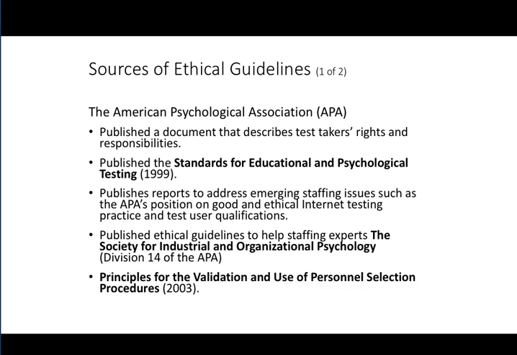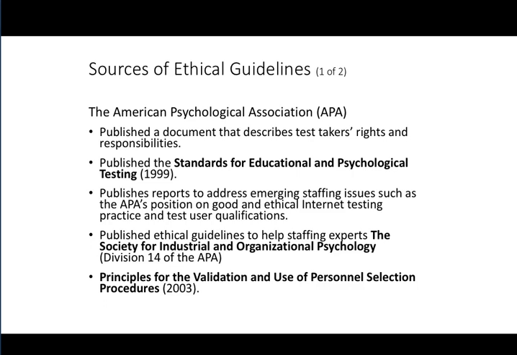And that's in the Standards for Educational and Psychological Testing in 1999. They talk about emerging staffing issues and making sure that we are having good quality instruments, making sure that it's done ethically, as internet testing has a big part of this. How do we make sure that we maintain integrity and things like that?